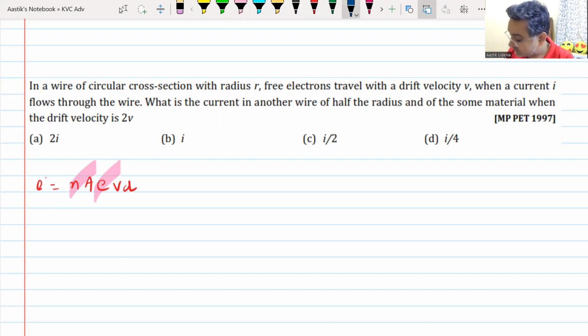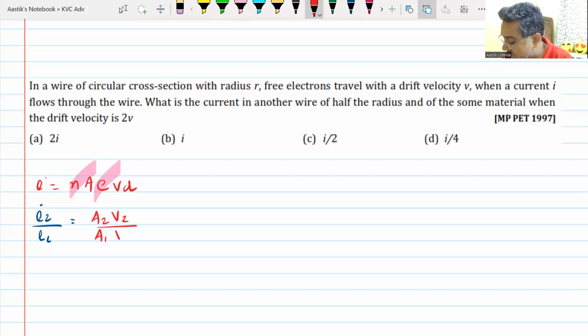So I2 by I1 will be, N2 is the same, A2 V2 divided by A1 V1. You can put the values and you will end up with the answer I by 2. Do we understand this?